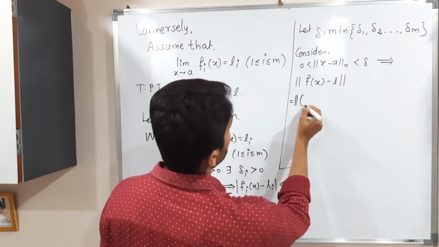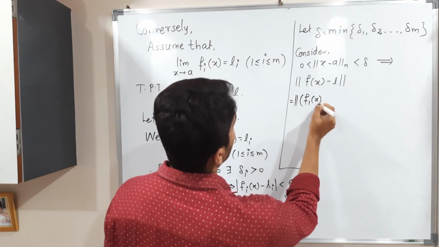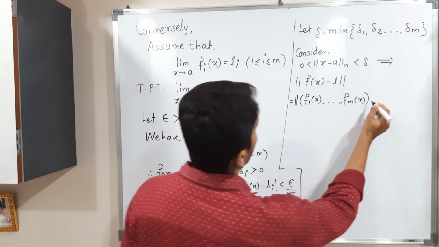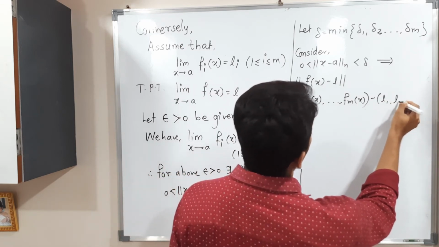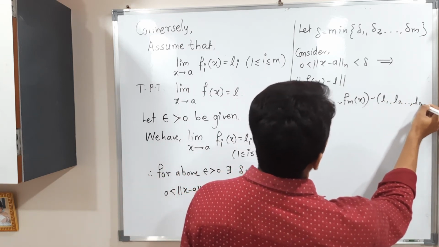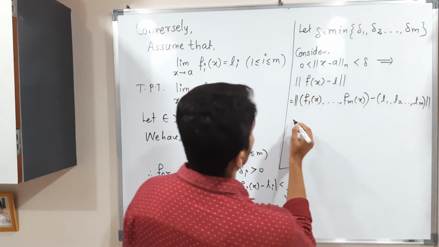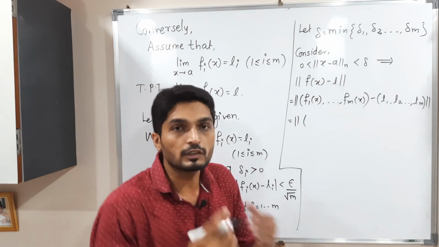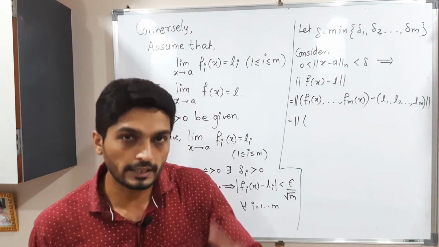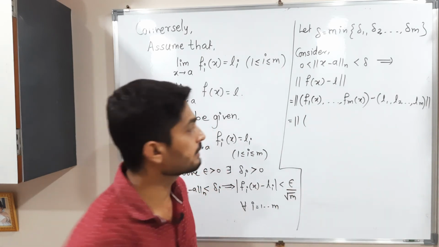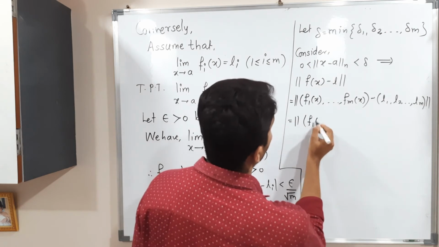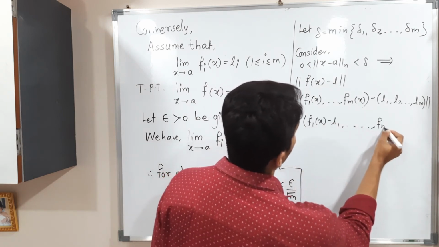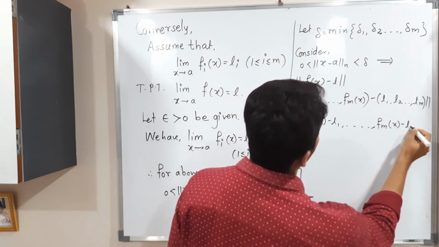f(x) means what? f1(x), f2(x) and so on, fm(x), correct? Minus L means L1, L2 and so on, Lm. So this is equal to norm. You know how to subtract first component minus first component, second component minus second component. In that way we can solve. So we will have norm of f1(x) minus L1 and so on, fm(x) minus Lm.